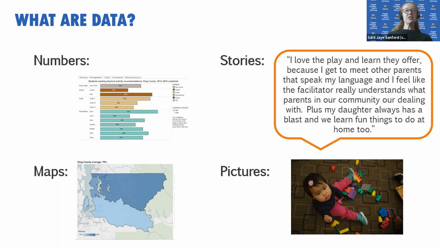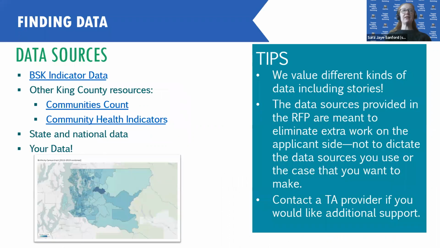It could be numbers. It could also be more qualitative data like stories, quotes, or pictures. So just remember that if you do use anything from participants, clients, or community members in your program, be sure to share their stories in the ways that they consent to and are comfortable with, and remember to respect their confidentiality. But think broadly and creatively about what kind of data you could be using.